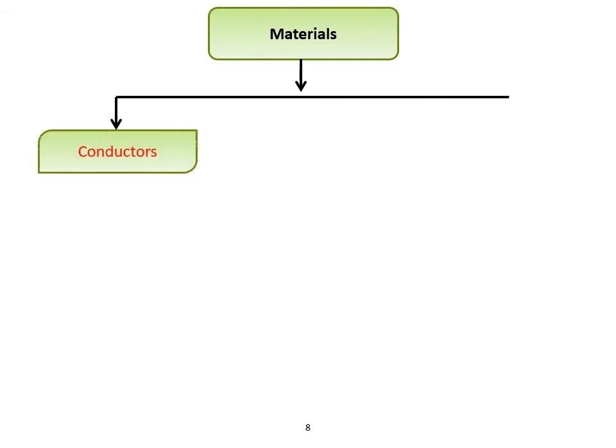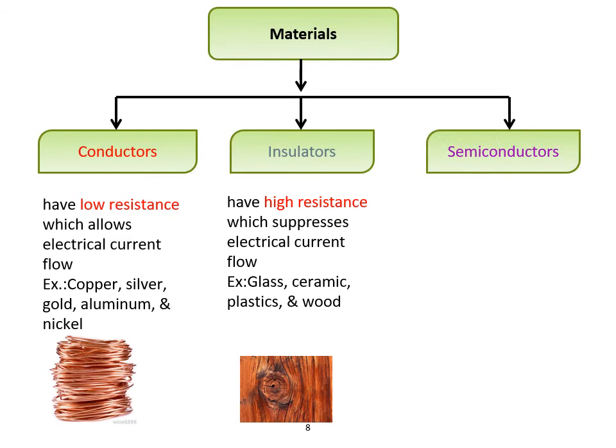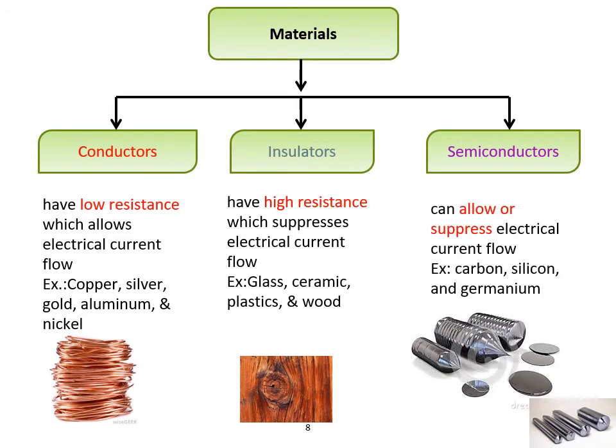Next is the definition of the properties. The first one is conductors. Conductors have low resistance which allows electrical current flow, for example, copper, silver, gold, aluminum, and nickel. Insulators have high resistance which suppresses electrical current flow, such as glass, ceramic, plastics, and woods.